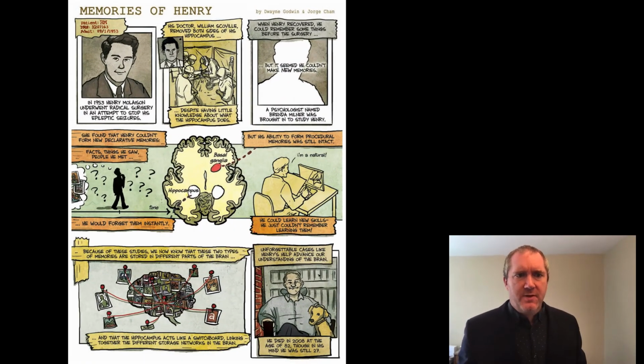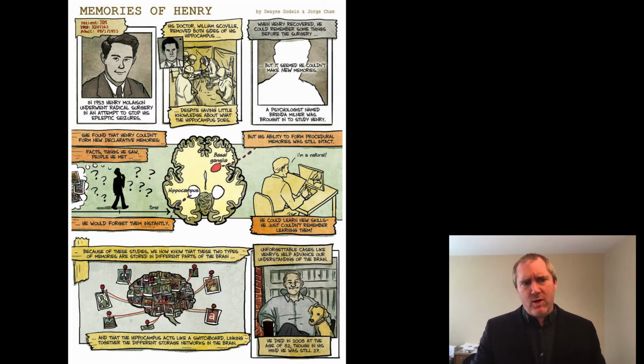For the hippocampus, a lot of our initial understanding of this region came from a study of a very famous patient in psychology known as H.M. In 1950, Henry Molaison underwent radical surgery in an attempt to stop his epileptic seizures.